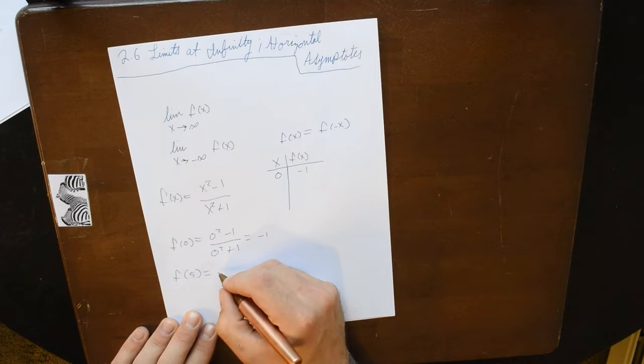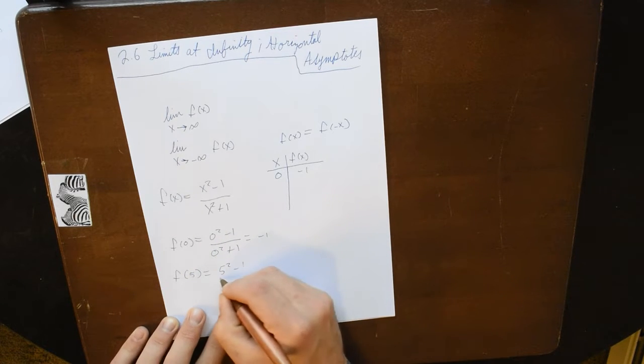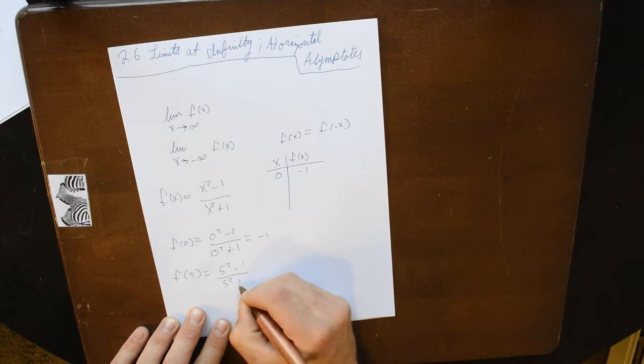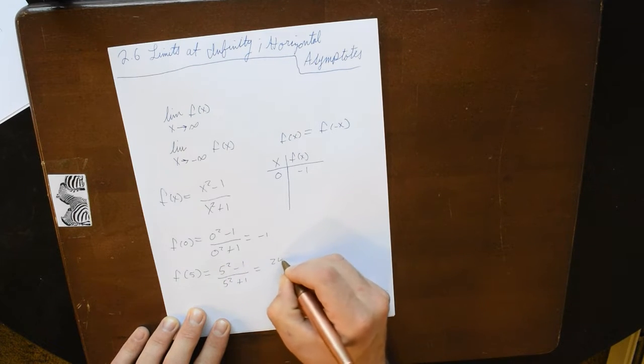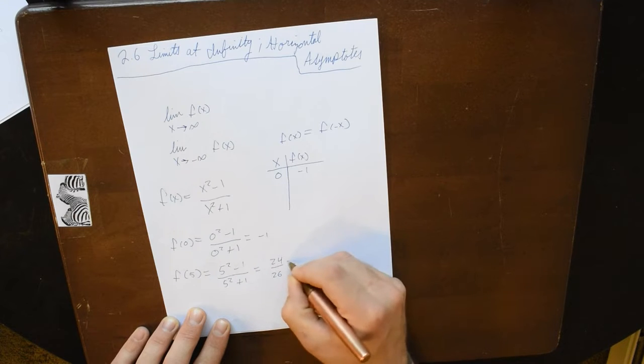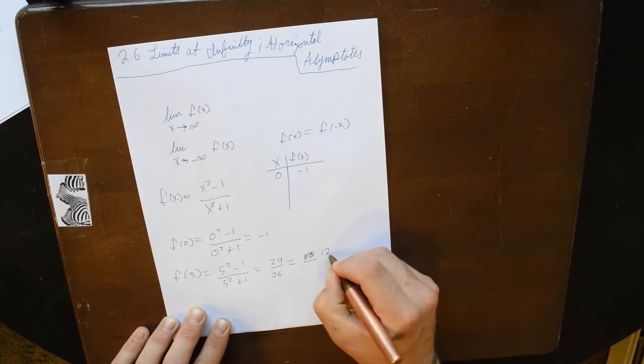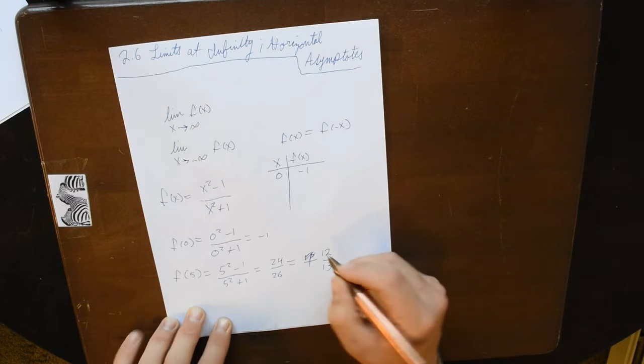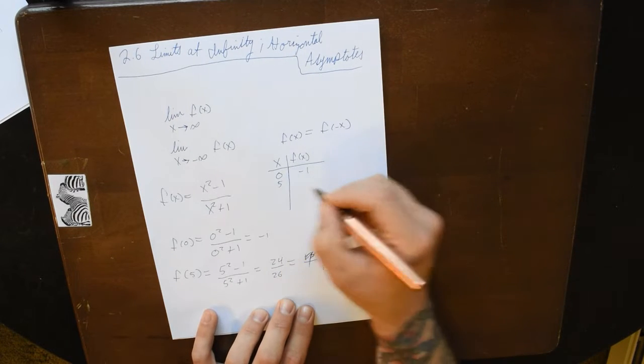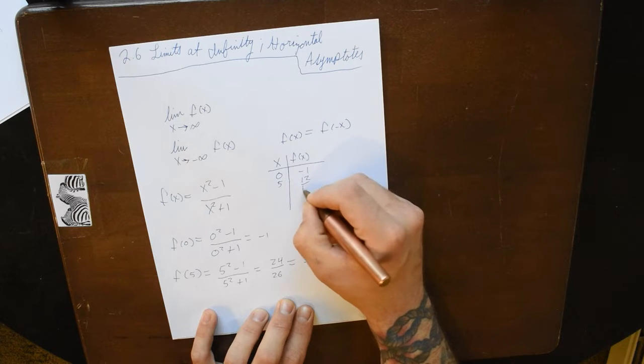Well, we would get 5 squared minus 1 over 5 squared plus 1. This gives us 24 over 26, which equals 12 divided by 13. So for 5, we got 12 divided by 13.